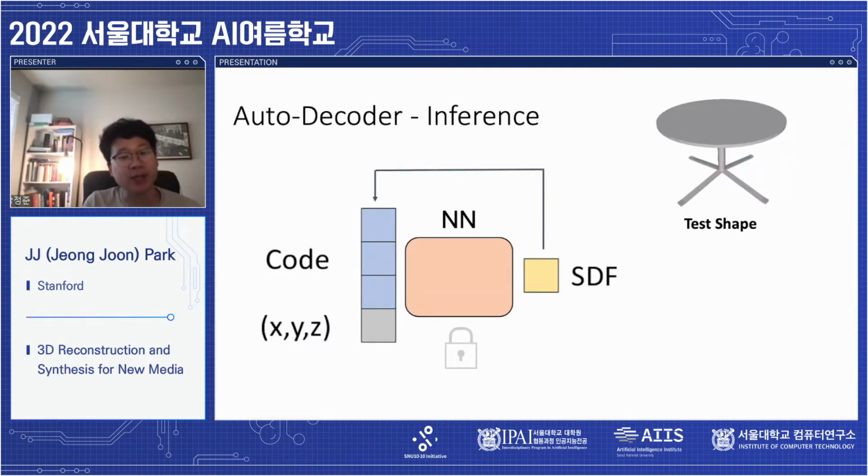So during the inference time, after you train this network, as I mentioned earlier, we can optimize for the code while keeping the network weights fixed.